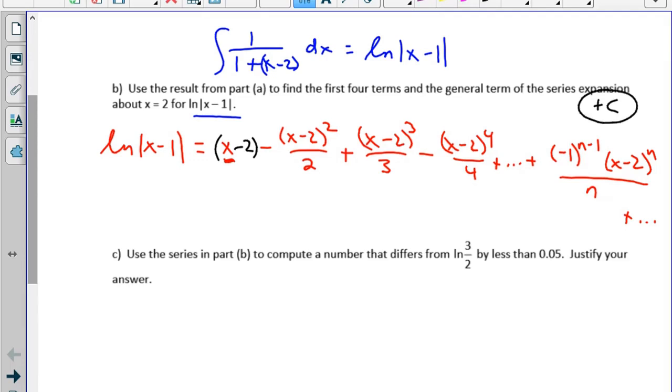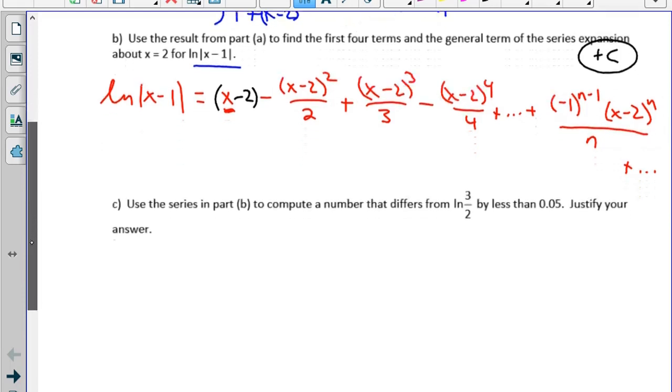So because when I integrate with an indefinite integral, I get a plus c, I probably want to make that c equal to negative 2, because then that will make everything look nice. And then it'll make that part make sense when I make the general term. So that's something that you might want to keep in mind.